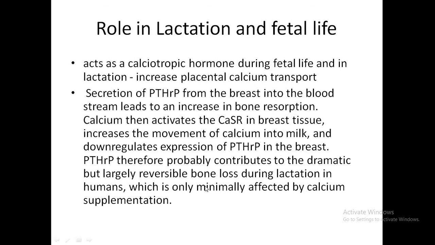And you can see that this reversible loss is only minimally affected by calcium supplementation. Even if you supplement calcium during lactation, this bone loss is not reversed, actually.